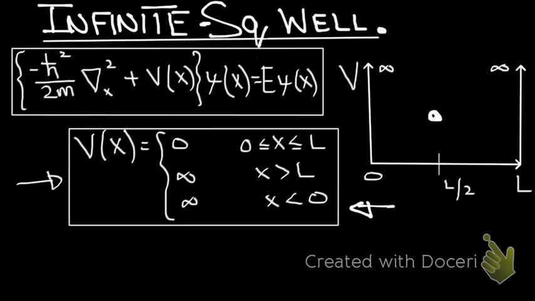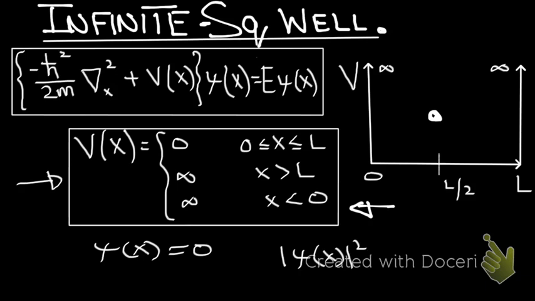So you can immediately tell that outside of the well your wave function, psi of x, is going to be 0. That is because the square of your wave function gives you the probability of finding the particle at position x.